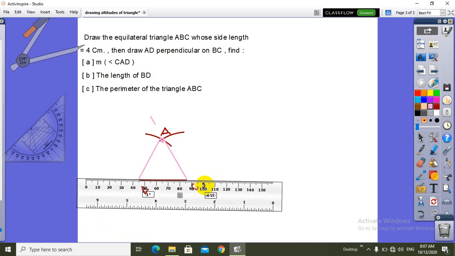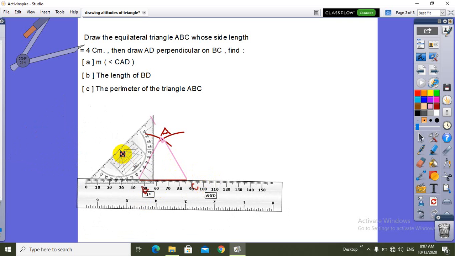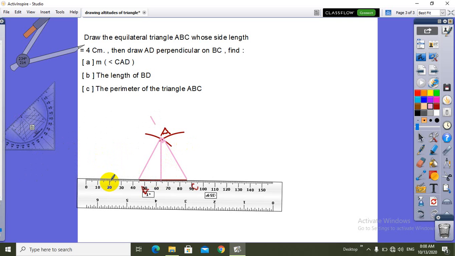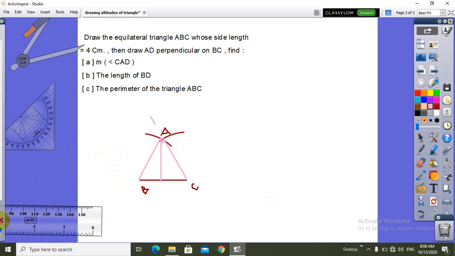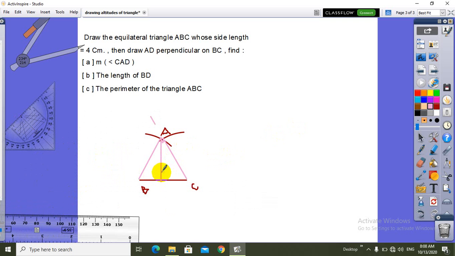Now I put this ruler on BC and I want to use this square triangle to draw the altitude from A. Move it, and stop when it reaches the point A to draw the altitude. And this is AD perpendicular on BC.